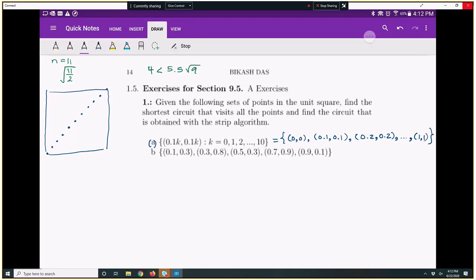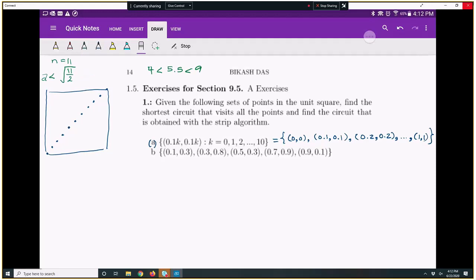So the square root of 5.5 should be between the square root of 4 and the square root of 9. In other words, 2 is less than this square root, which is less than 3.